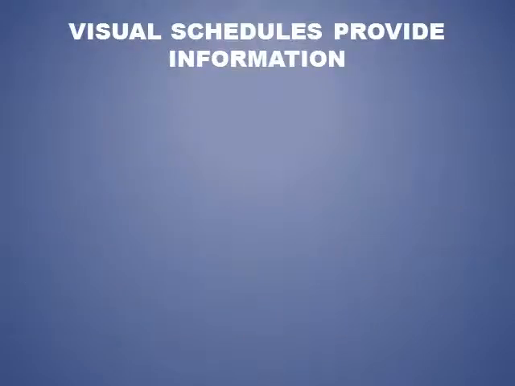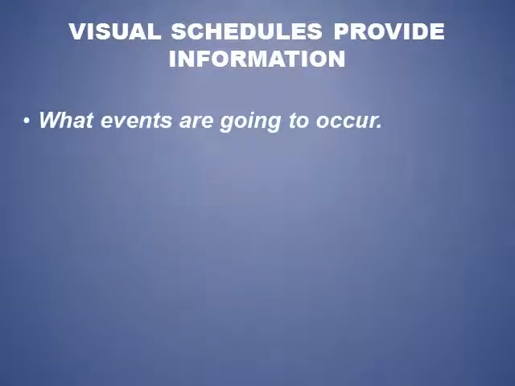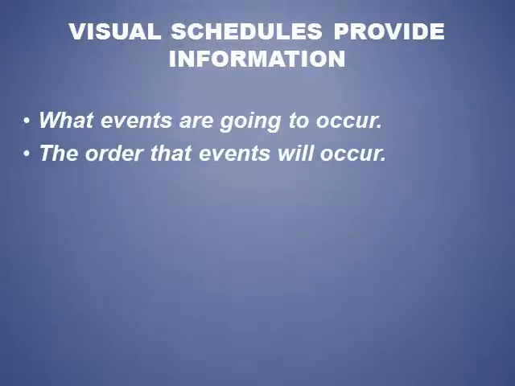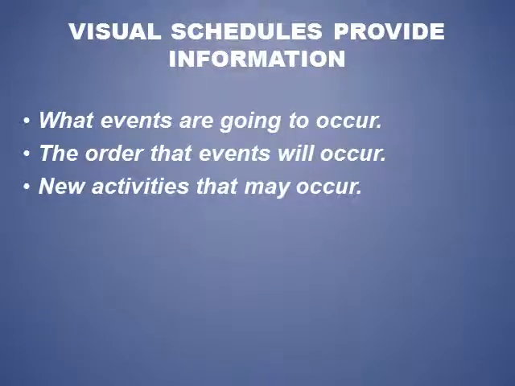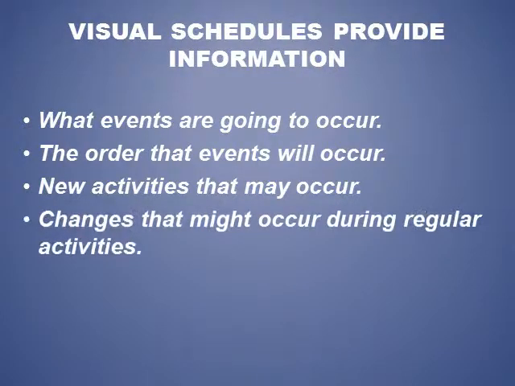Visual schedules provide a wide variety of information. They can provide information pertaining to what events are going to occur, the order or sequence that events will occur, and new activities that may occur. This is important for some of our kids with hidden disabilities because they can become very anxious when anything new is introduced.